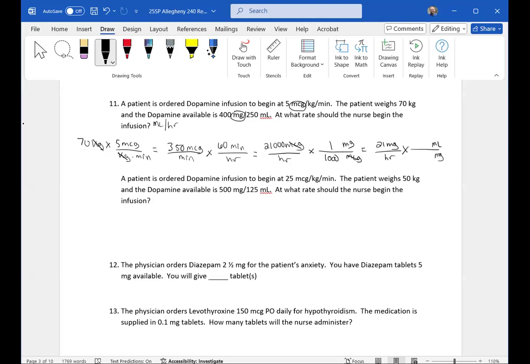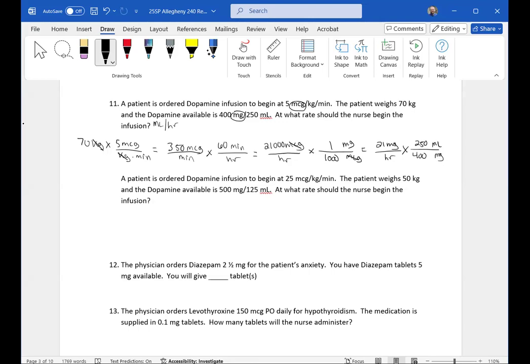I'm going to use what they gave me, 400 milligrams in 250 mL, so I take 21 times 250 and divide by 400. I get an answer of 13.125. Okay, so this was the question I was thinking of.